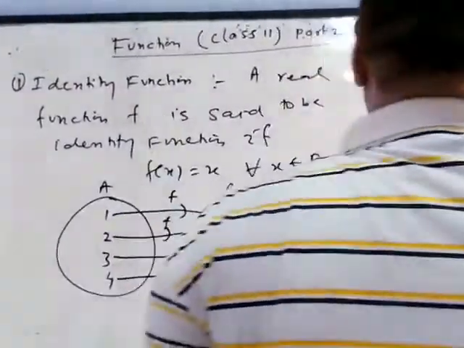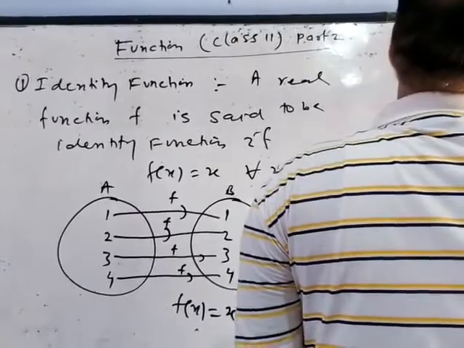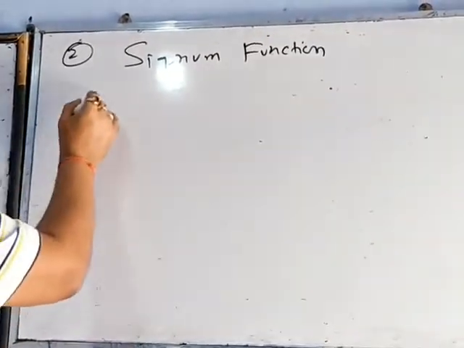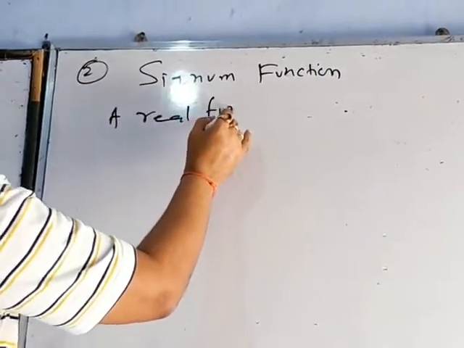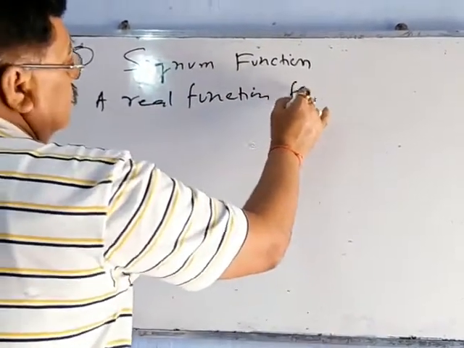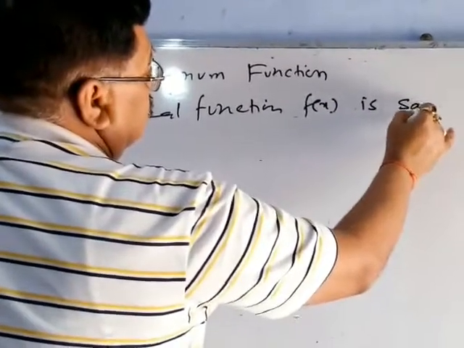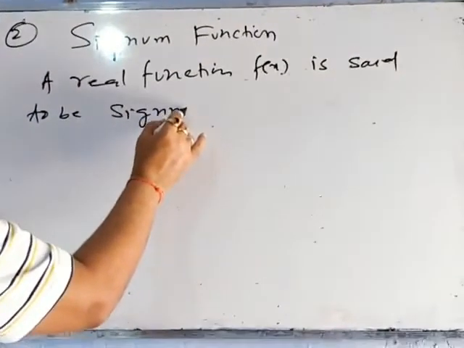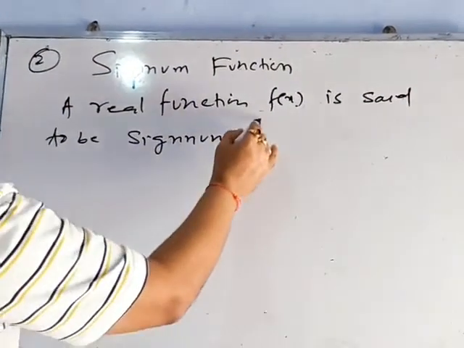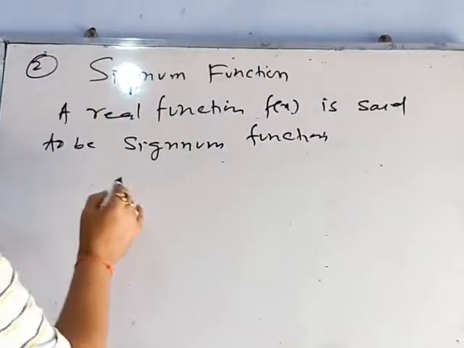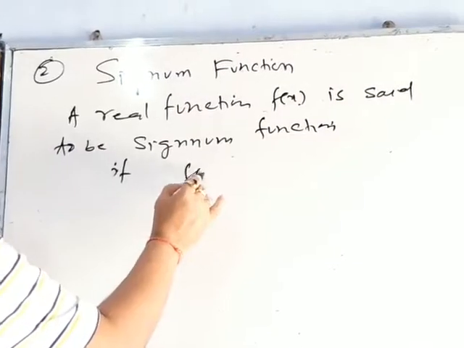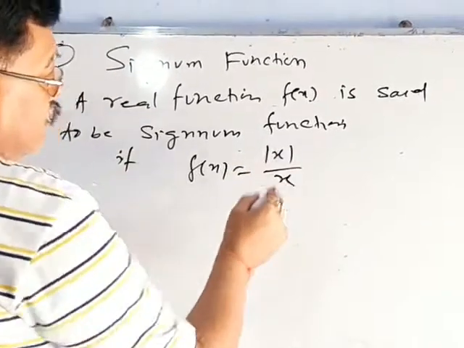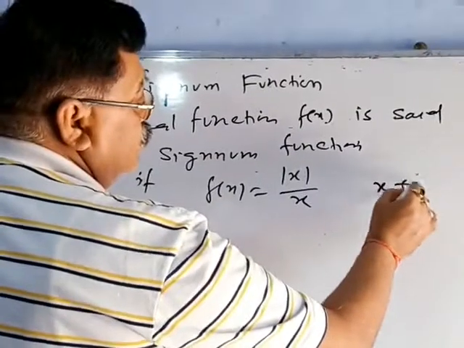Now second is the signum function. A real function f(x) is said to be a signum function if f(x) is equal to mod x by x, x belongs to the domain.